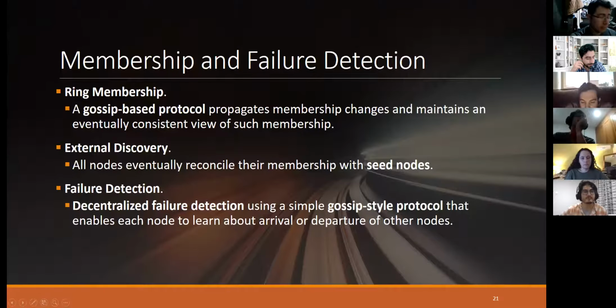So the membership and failure detection is something we already saw. Sometimes when there is a failure, Dynamo doesn't check why it happened or whether the node will come back soon, because that would translate into performance and latency issues for the response to arrive in time.